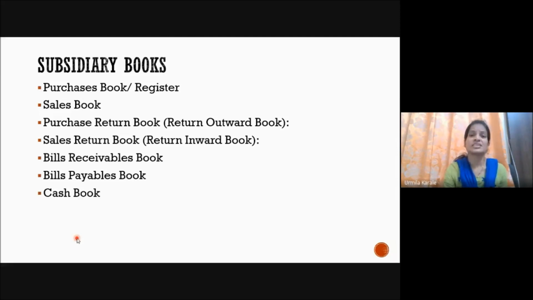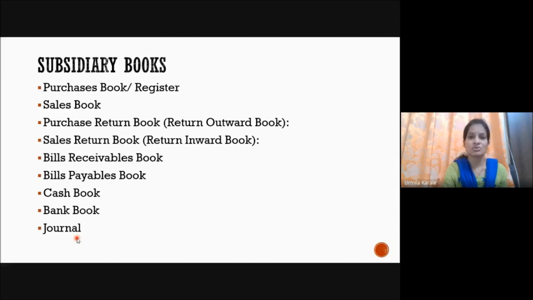Cash book is used for recording all the different types of cash payment and cash receipt transactions. Then bank book for recording the bank related, check related transactions. And finally the journal, which we are going to see today in this lecture.